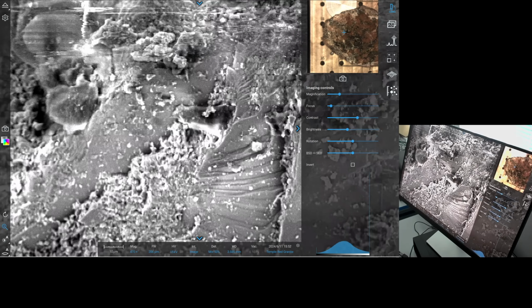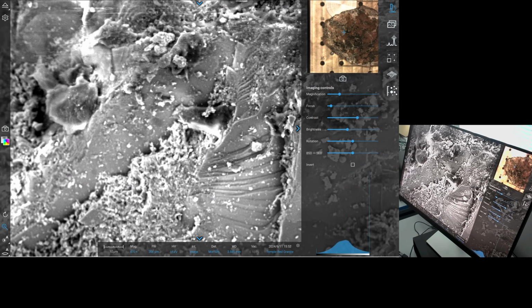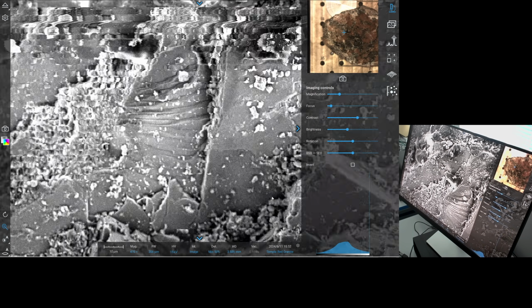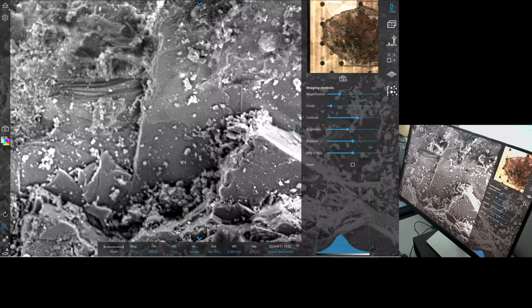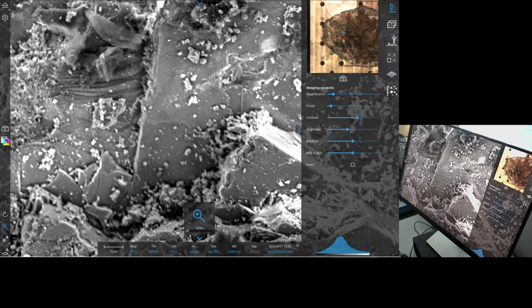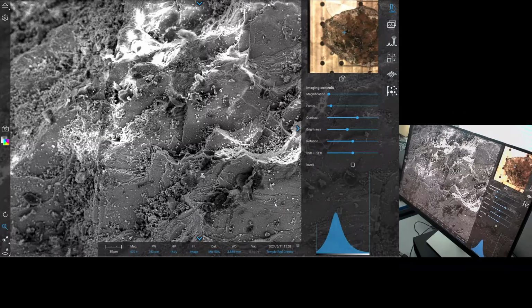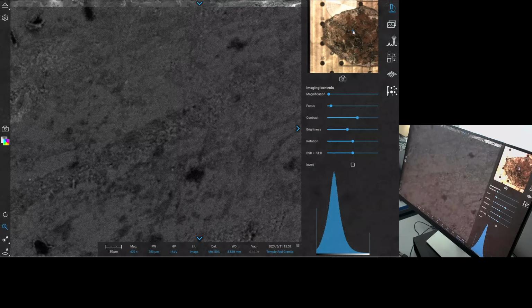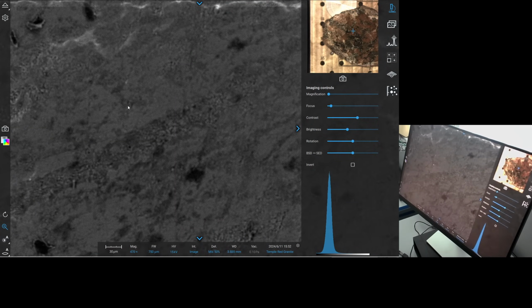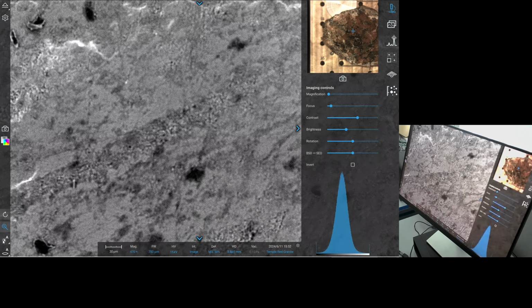It's charging a bit. So the smooth top is really free of detritus compared to the other areas.